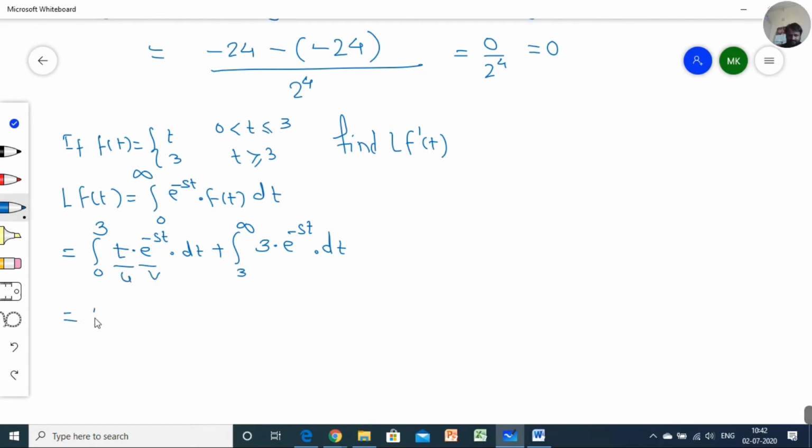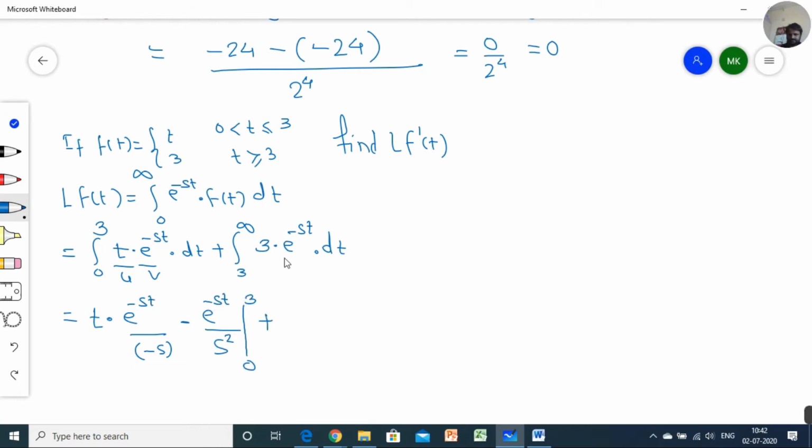So t into the integration of e raised to minus st, you have to integrate with respect to t, so the remaining is minus s, minus sign as it is. Then take the derivative of t, which is 1, and the integration of the whole part gives e raised to minus st upon s square, limits as they are, 0 to 3.